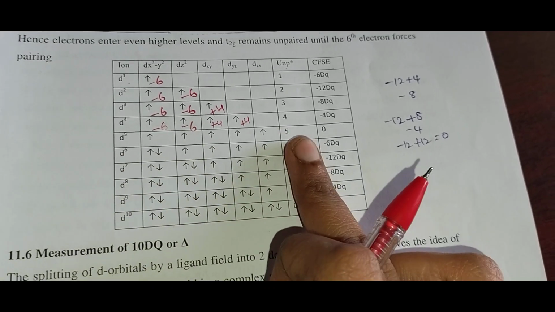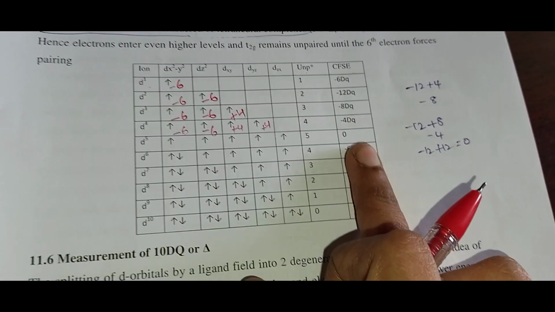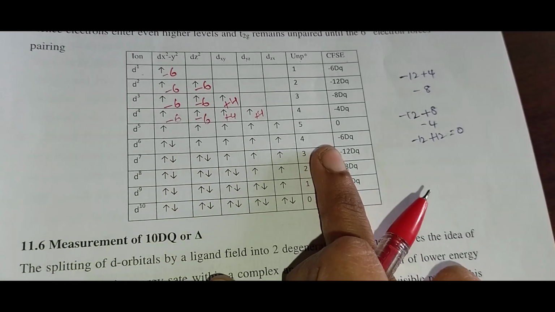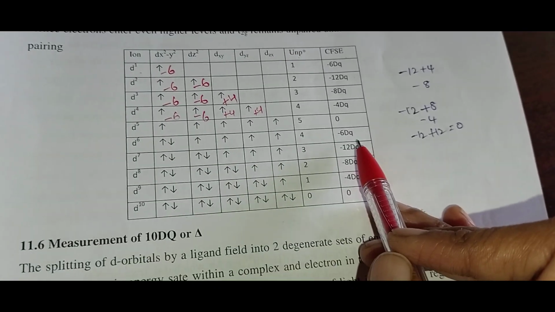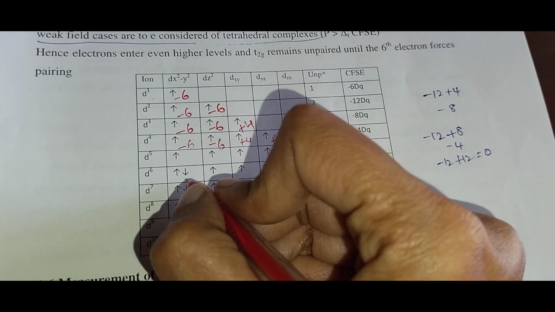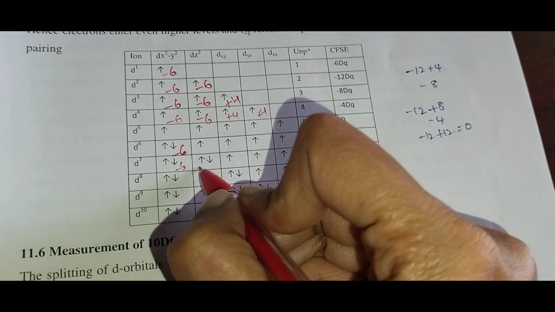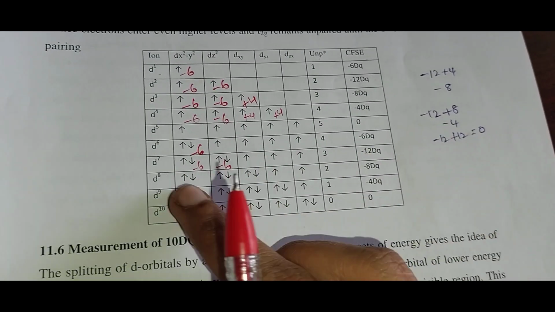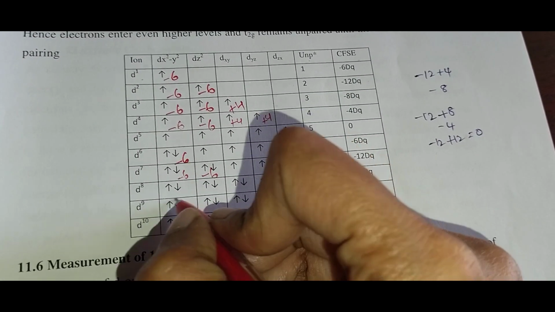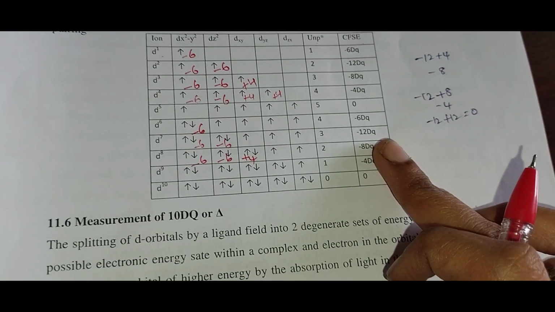So again here we can see all the orbitals are singly occupied, 0. Again when we see here it is minus 6 dq, because pairing started here, so minus 6. Again here 2 are paired, so minus 6 minus 6, minus 12. Again 3 pairing started, so minus 6 plus 4, again minus 8 dq.